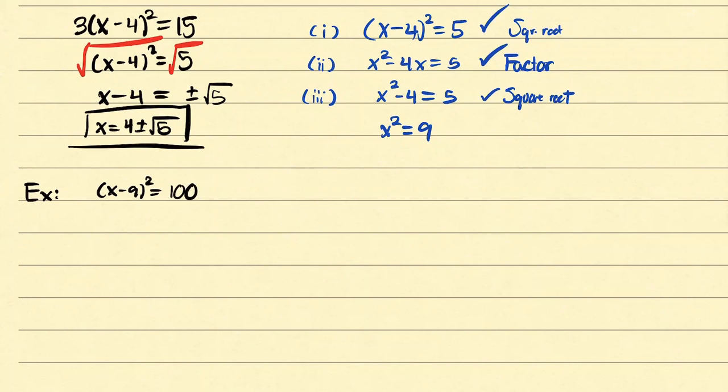So since I have a perfect square here, I can take the square root. Right, the square root of 100 is 10, so it's plus or minus 10. So my solution is going to be 9 plus or minus 10, which is either 19 or negative 1. Those give me the same answer.